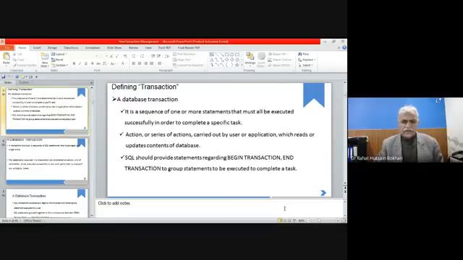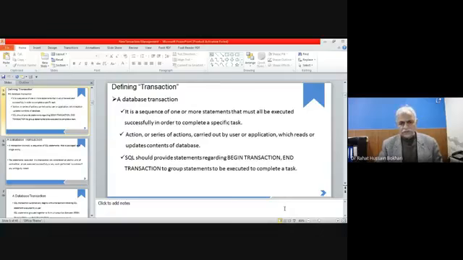If you define the transaction, it is a sequence of one or more statements that must all be executed successfully in order to complete a specific task. It might happen that you have given a sequence of statements and they are executed, and within the execution there might be some malfunctioning, so it could not be completed.